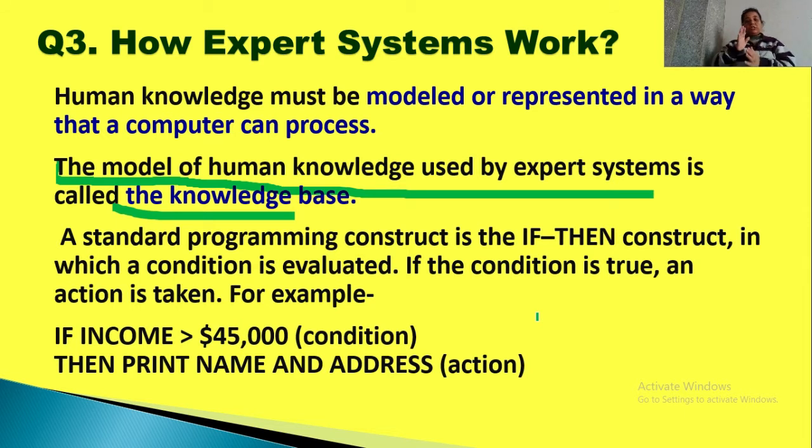If the condition is false, the action is not taken. See, the condition given here is if income is above $45,000. This is the condition given. Then print the name and address, otherwise do not print. So the action here is to print the name and address. If the condition is true, print it. If the condition is false, leave it.